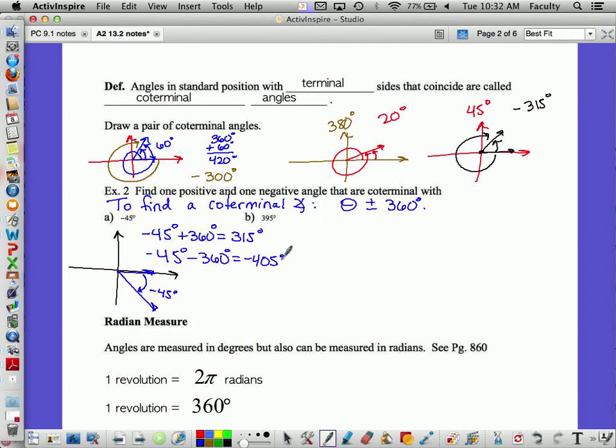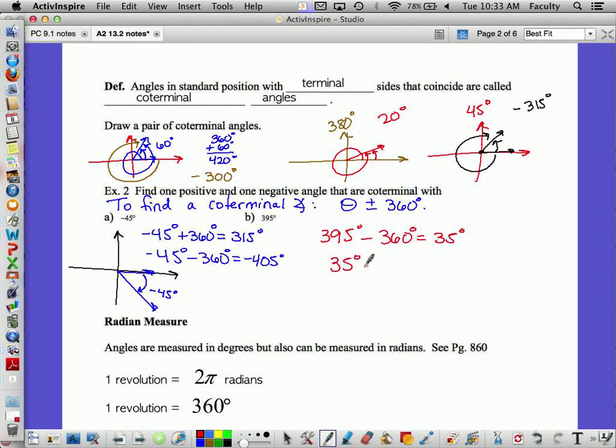So like in letter B, I have 395. I don't really want to add 360. I can, but do you understand that if I subtract 360, I don't have a negative coterminal angle yet. So in this case, I'm going to want to subtract twice. You don't always add and then subtract. That's not true, and I'm not saying that.